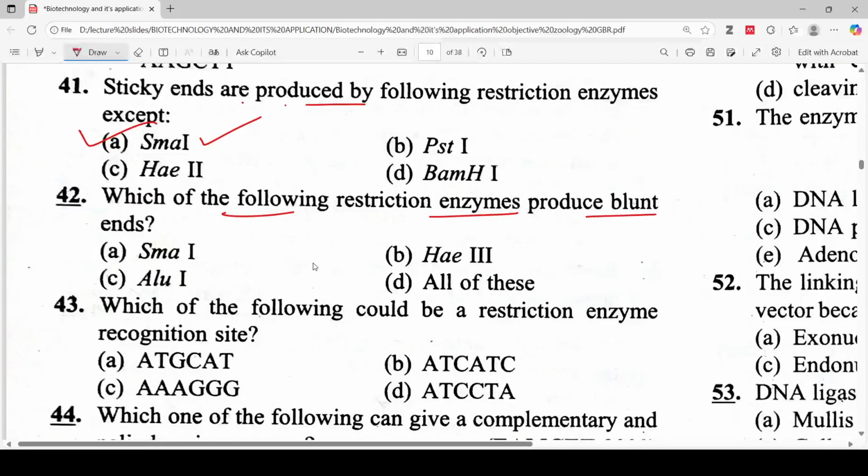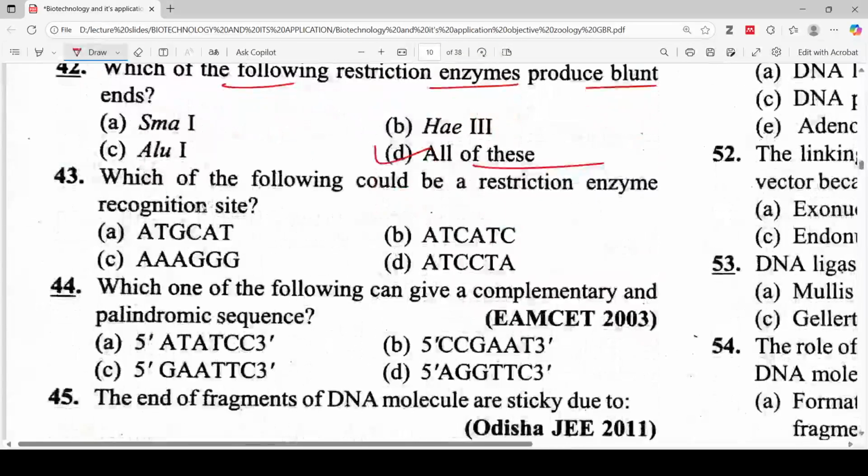So the correct answer will be option D, all of these. Next question, which of the following could be a restriction enzyme recognition site? So the correct answer is option A.